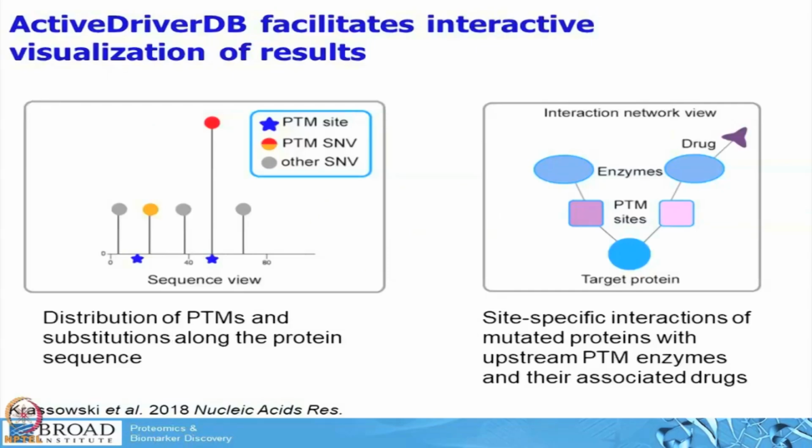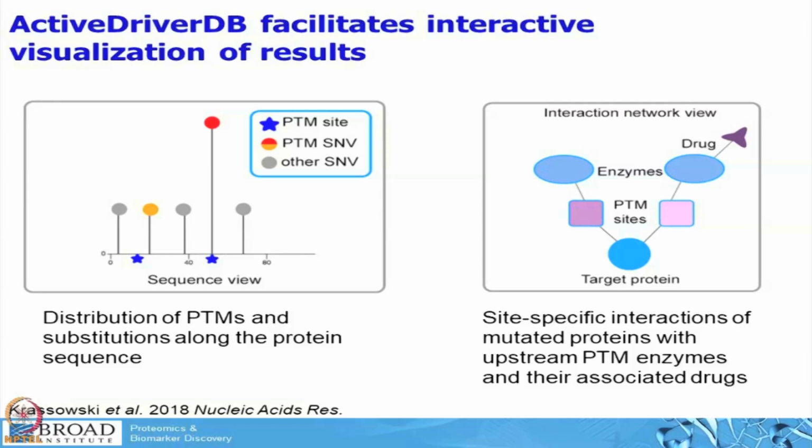And this entire web page is very interactive. There are many different ways to view your data. One is the sequence view, where you can look at your protein sequence along the x-axis, and have all mutation events or PTM events highlighted in this protein sequence.